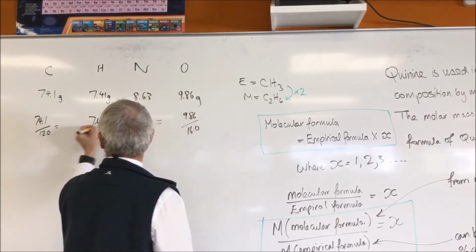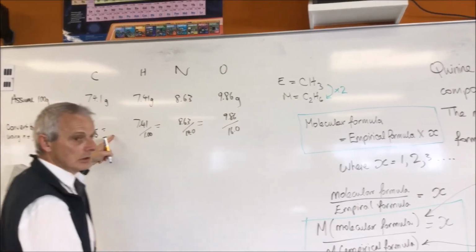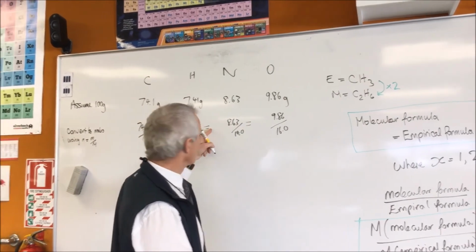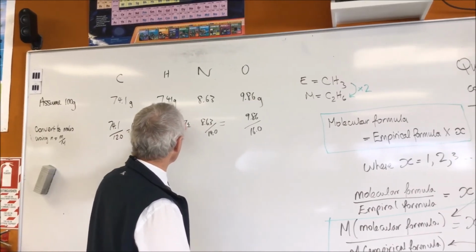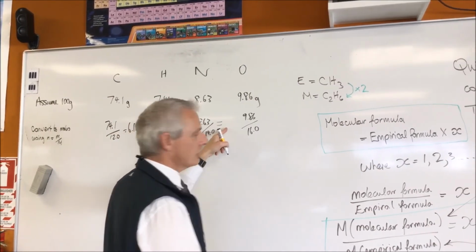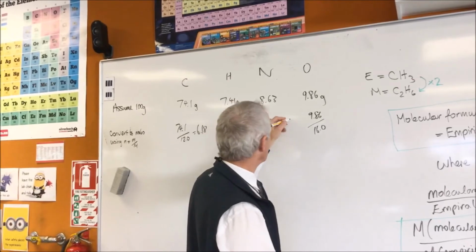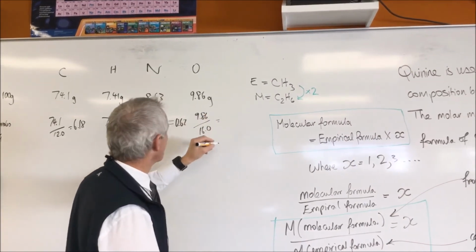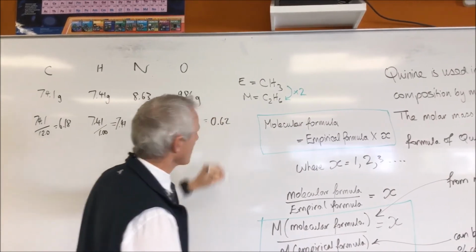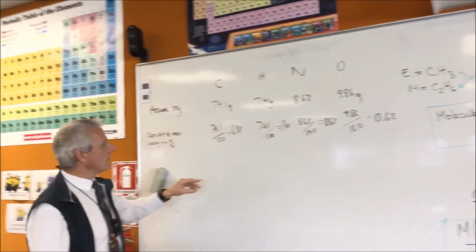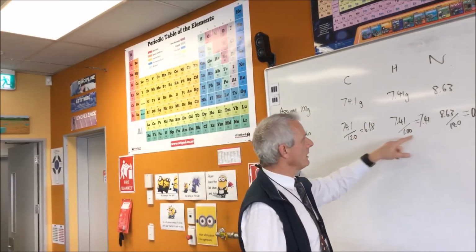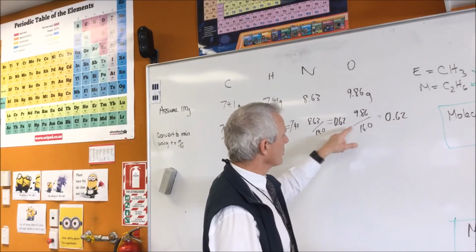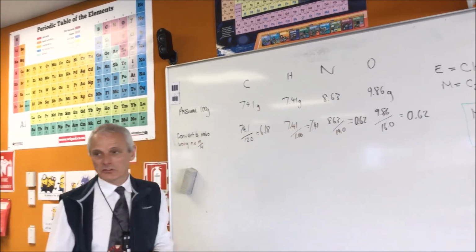So first one, 6.18. This one, 7.41. And 8.63 gives 0.616, so 0.62. And this one? Same. 0.62. Okay. So what that's telling us is that the formula is C 6.18, H 7.41, N 0.62, O 0.62. But that's not very convenient.